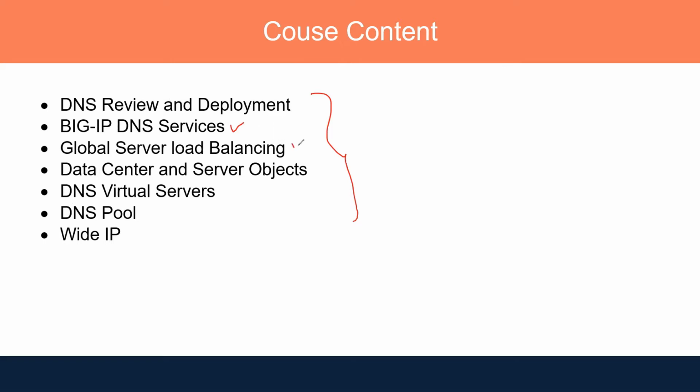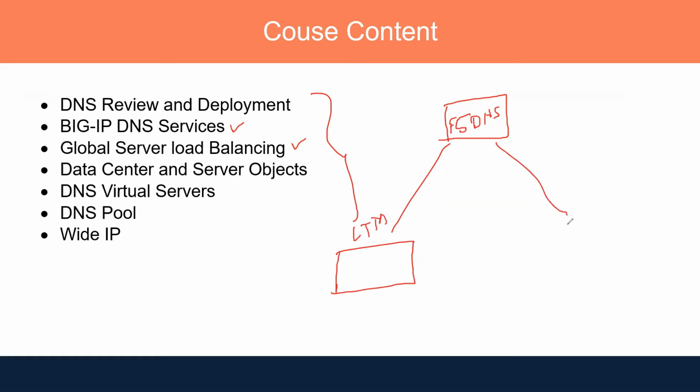Then GSLB we will talk about in detail. Okay. How GSLB is working. So basically you would have the F5 device over here, the F5 DNS device. And under this F5 DNS device, you would have an LTM in different data centers. Okay.